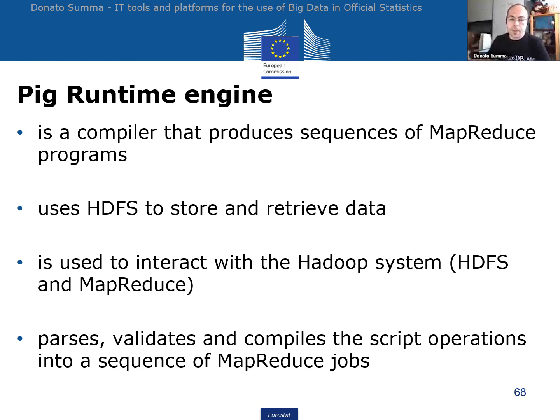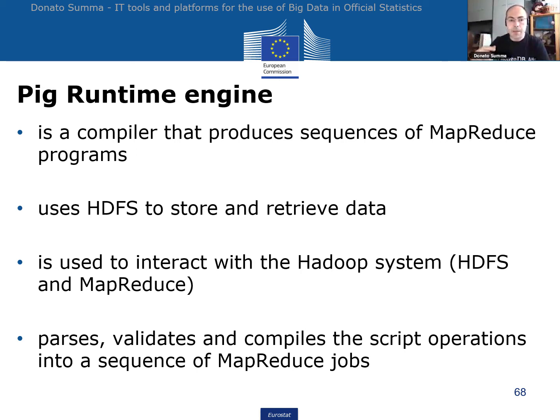Okay, the second main component of Pig is the so-called Pig runtime engine. The Pig runtime engine is a compiler that produces sequences of MapReduce programs. It uses HDFS to store and retrieve data that we are interested in and that we want to use to work on.